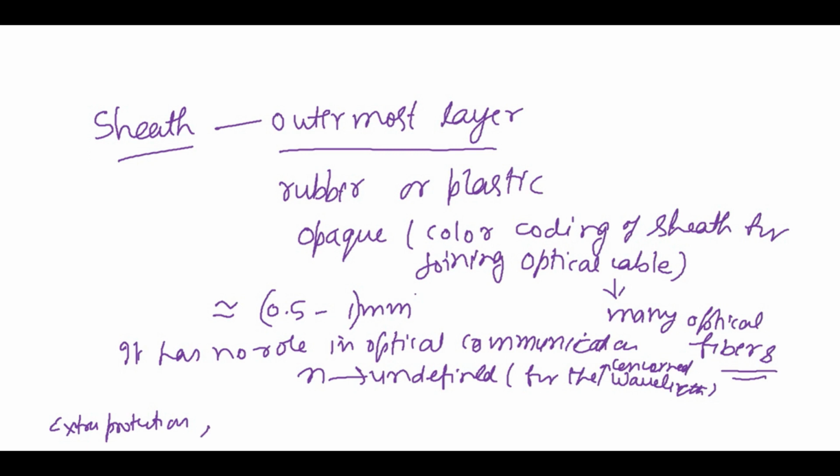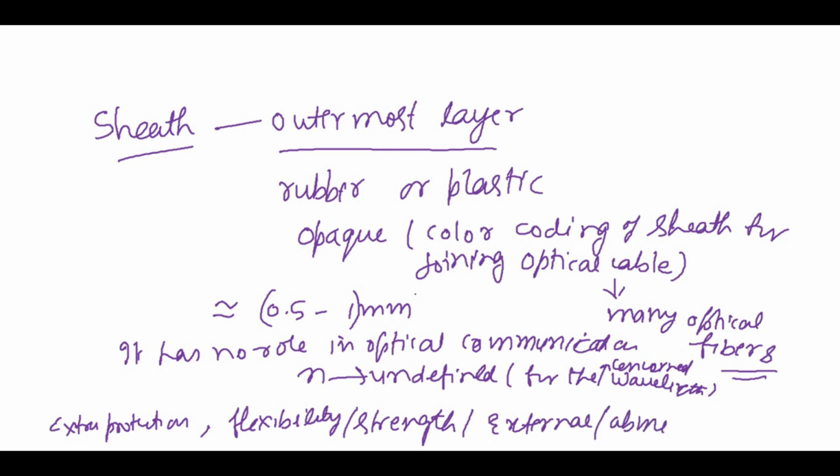It gives some flexibility and strength to the fiber, and saves the fiber from ambient changes in physical conditions like temperature and pressure. So this sheath has no role to play in the optical propagation of light through the optical fiber.